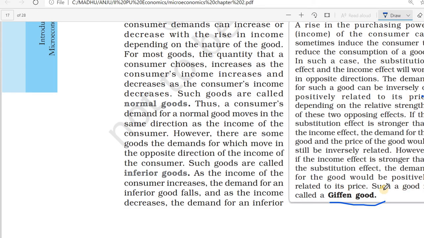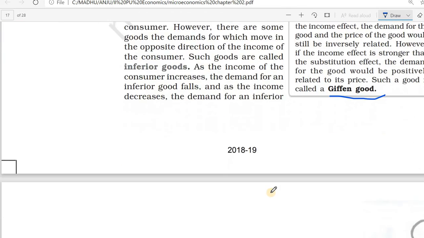We know gold or diamond, like that items, when the price increases, automatically people will buy more quantity. Example, gold, diamond, when the price increases, if our income is also increasing, people will buy more of that product. That one we are calling as Giffen goods.